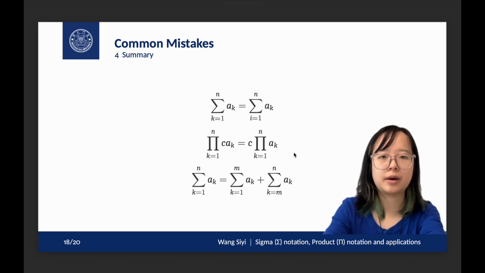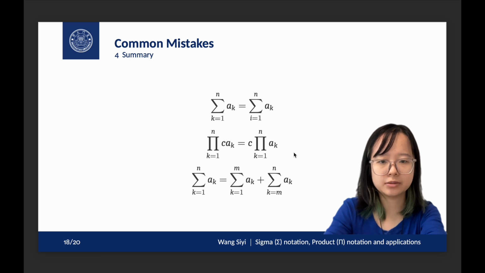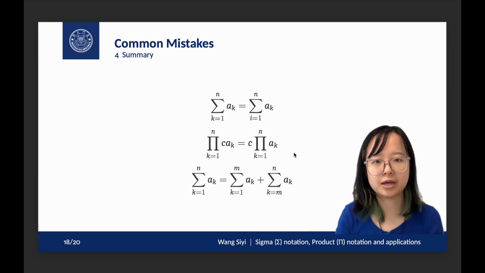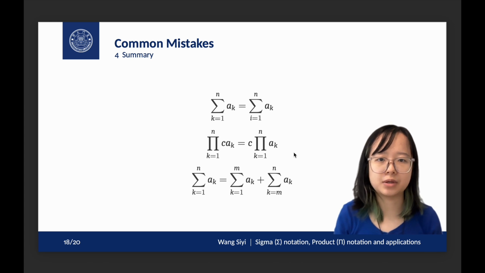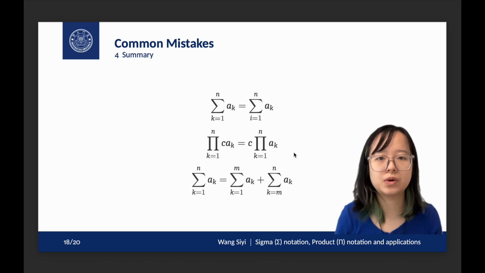Here are the common mistakes with sigma notation and product notation. First of all is using k and i in different equations. k and i don't mean anything in themselves, but we need to make them the same.